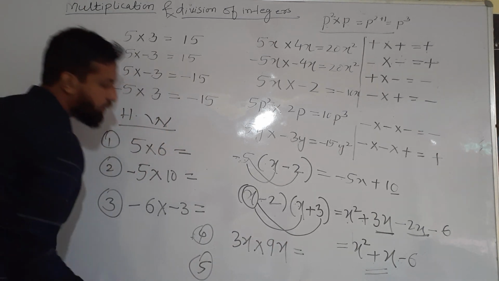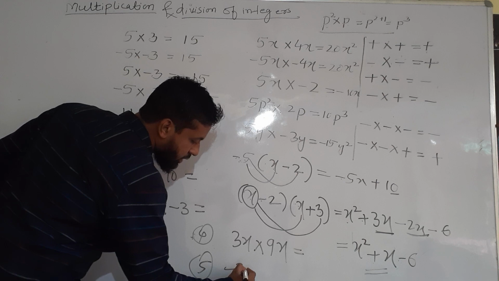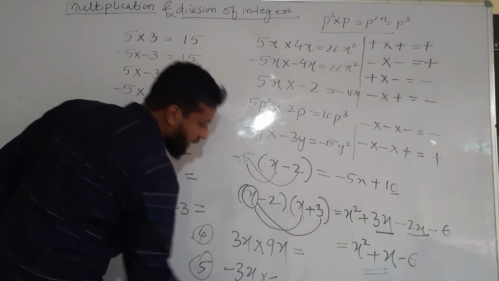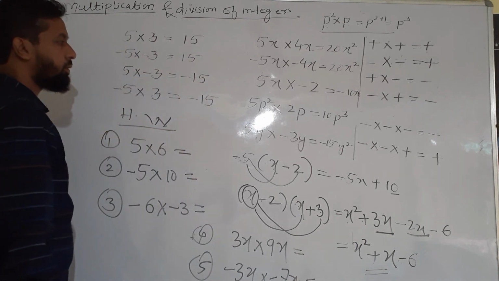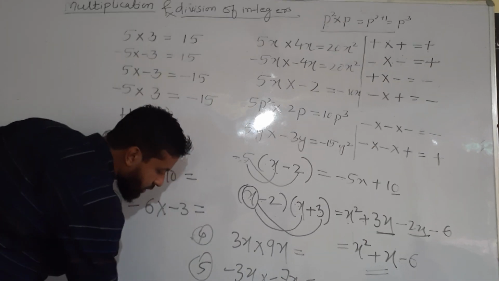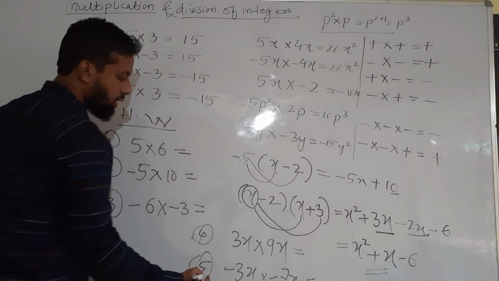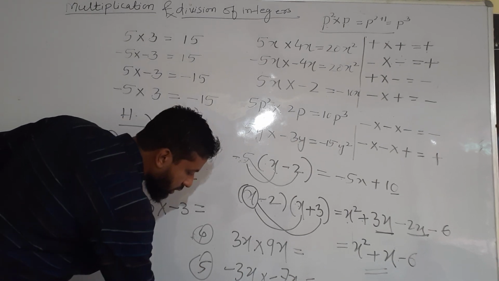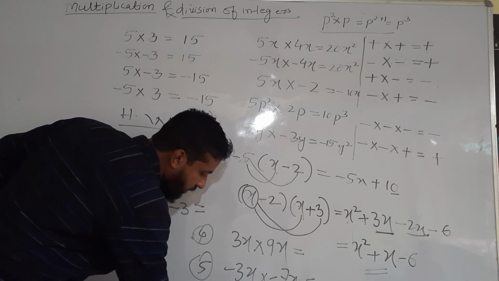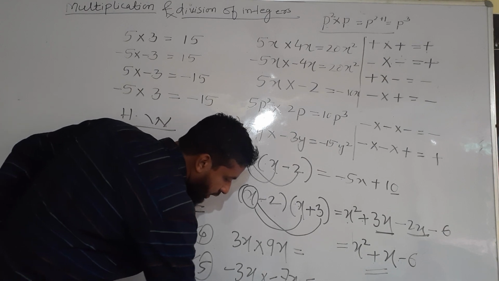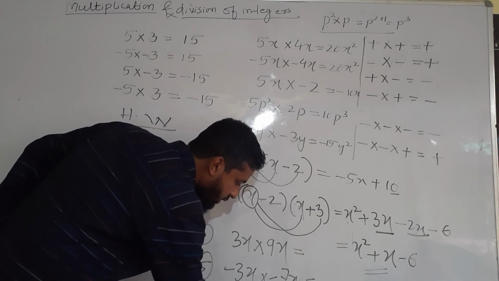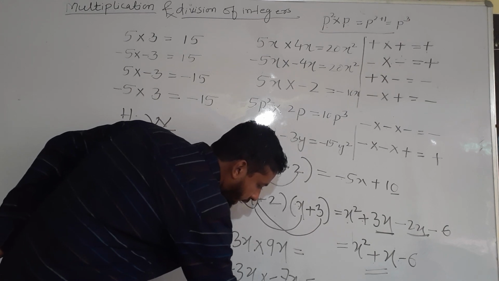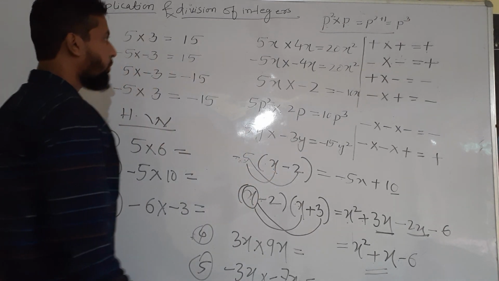And fifth one, minus 3x into minus 7x. Sixth question, minus 5x square into 3x is equal to.